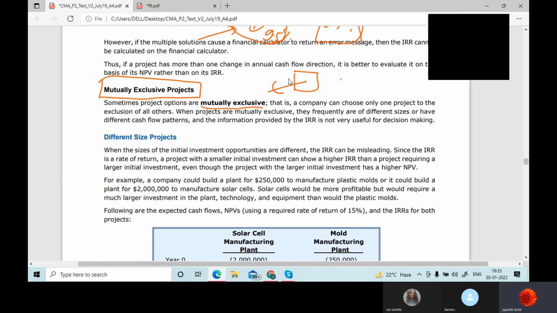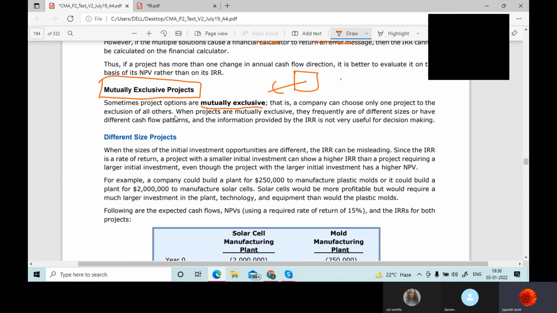You cannot take both of them. So since you have to take the best of the rest, or out of two you have to choose the best, which method would support your decision making with conformity, or which one would convince you? Either NPV or IRR, which would look more convincing to you? For something to look more convincing, it should be technically very sound, and as we have discussed many times, NPV is more sound in its technique than IRR. How? Let's see.